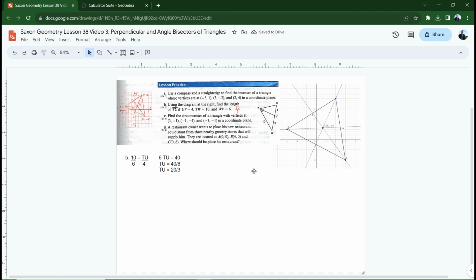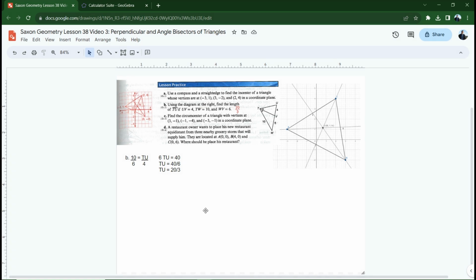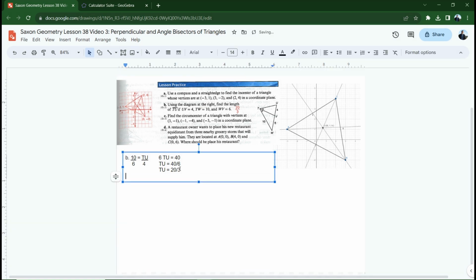Letter C. Oh my goodness. So there is a brute force method for doing this. If you use the brute force method, what you would have to do is find the line that contains two sides of the triangle.